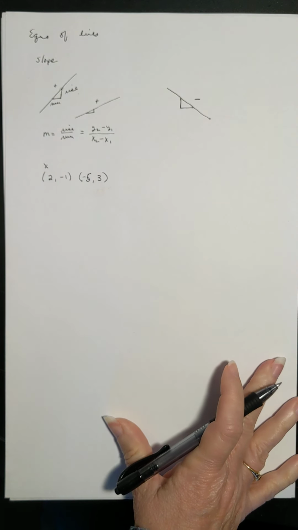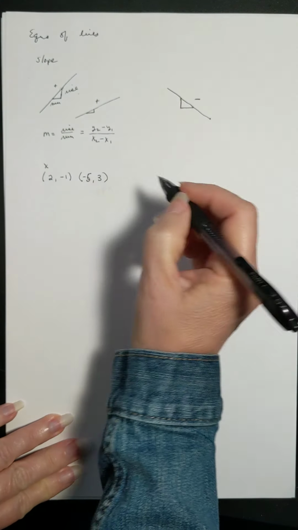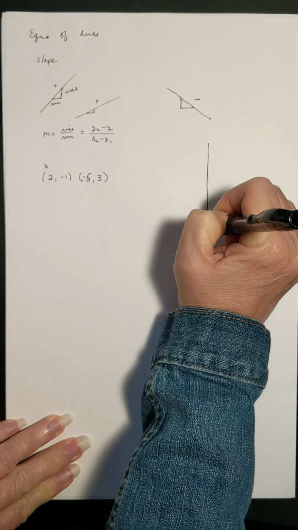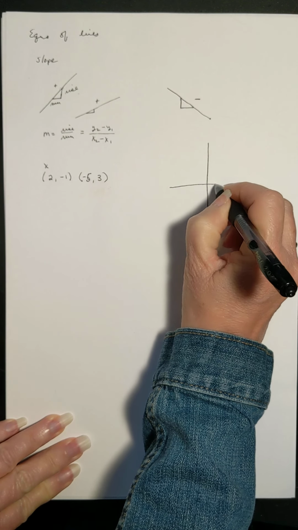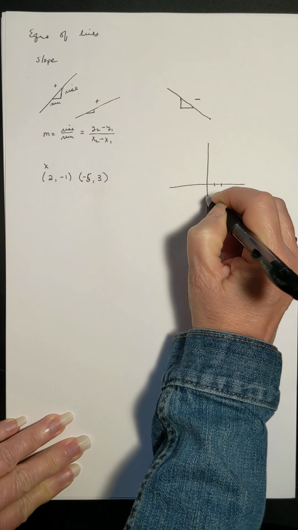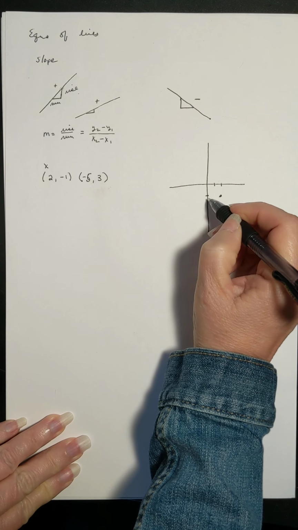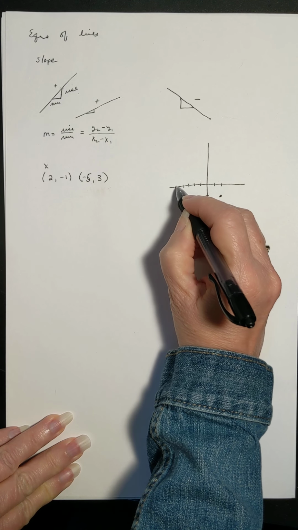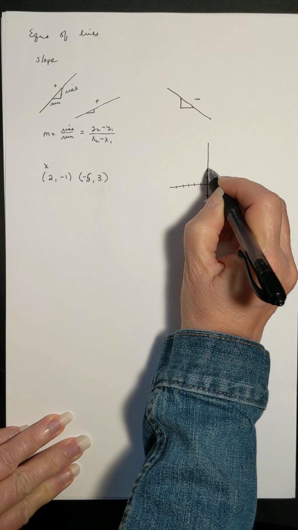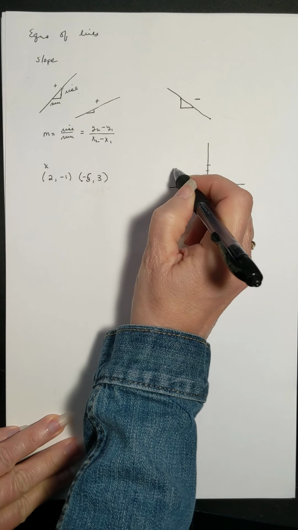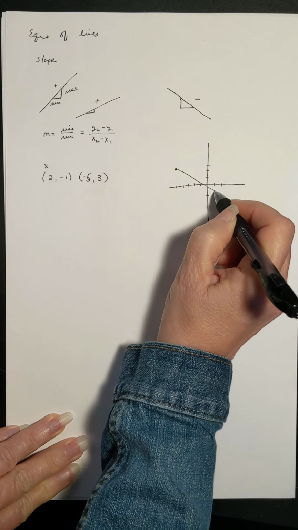All right. Now, first let's look at it on the graph, and then we're going to use the formula for it. So it is over 2 down 1 is my first point. And then the next one is over negative 5 up 3. All right, so here is my line.